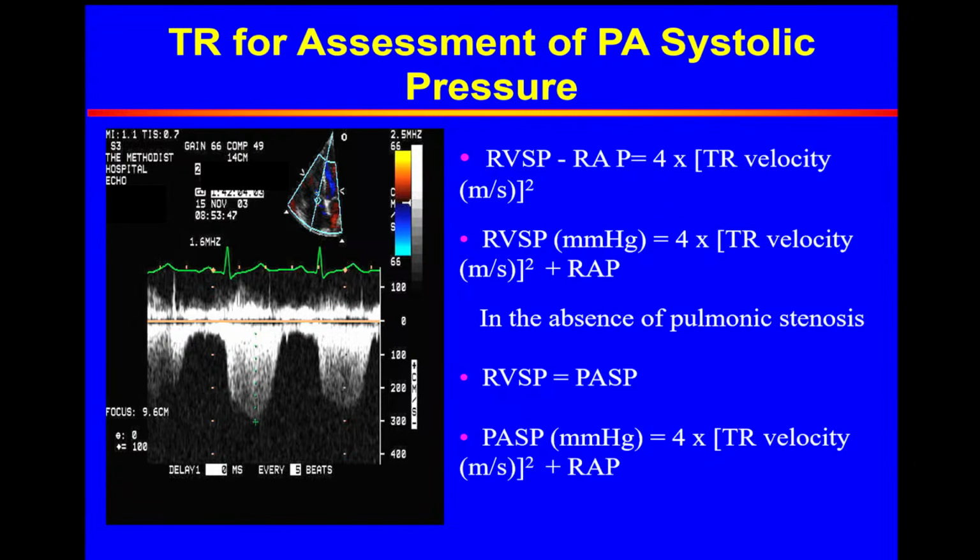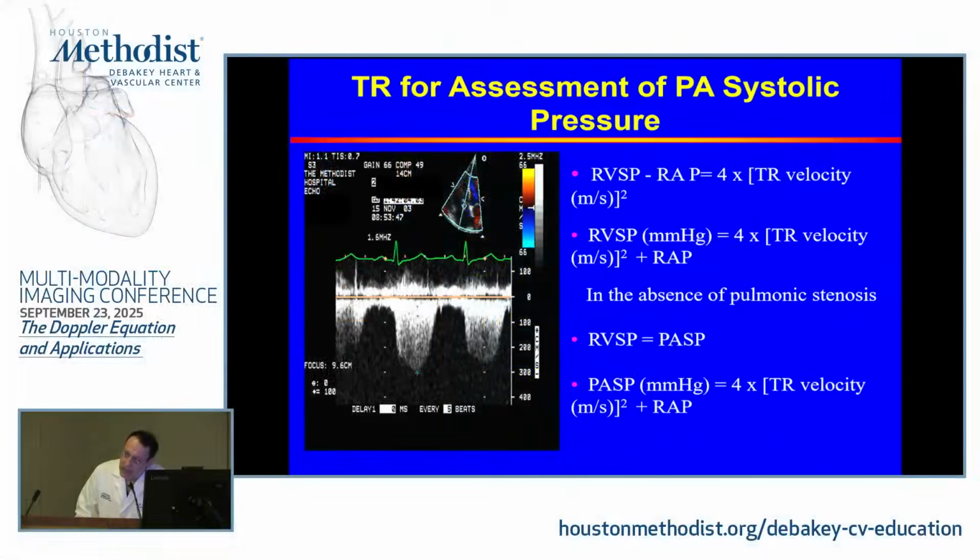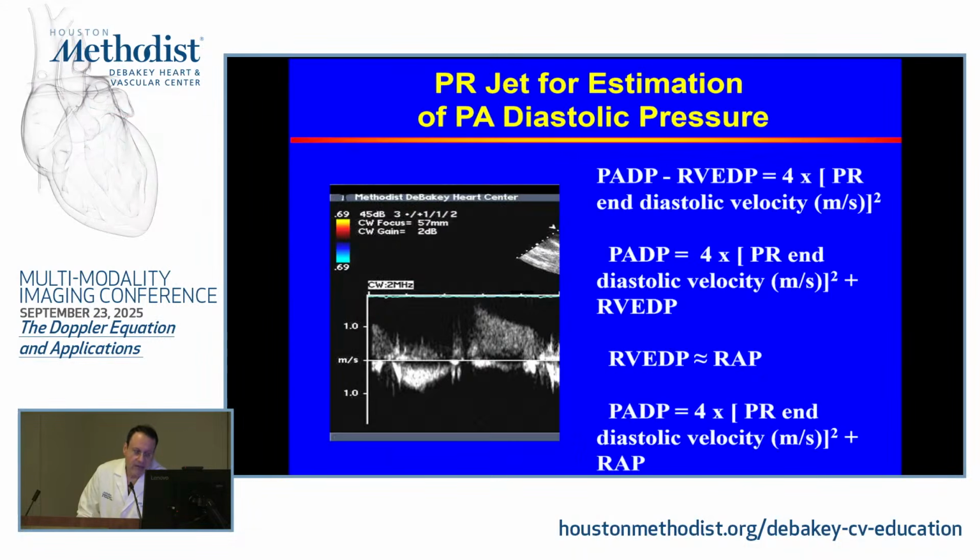Where it can also be a problem is when the TR is wide open and there is very little pressure difference between the RV and the RA. Here, the right atrial pressure carries a lot of weight in the calculation, and if we do not get a good assessment of that, we will end up with errors in the PA systolic pressure.